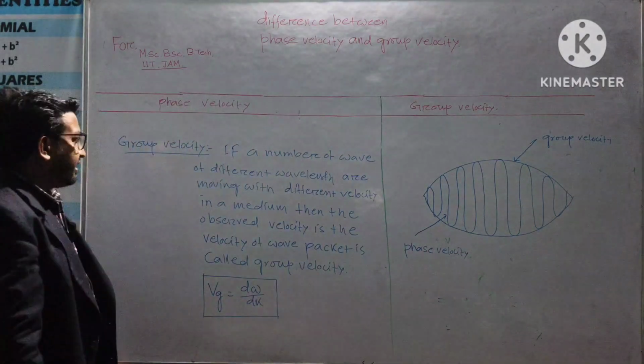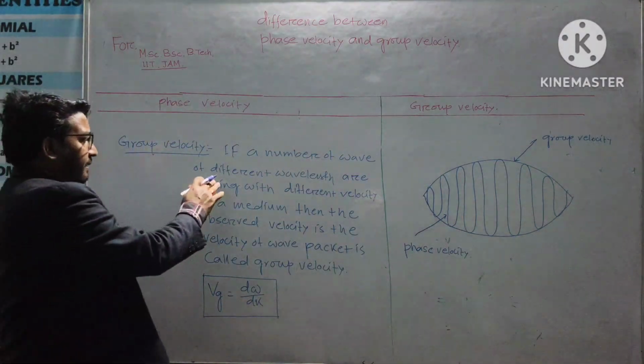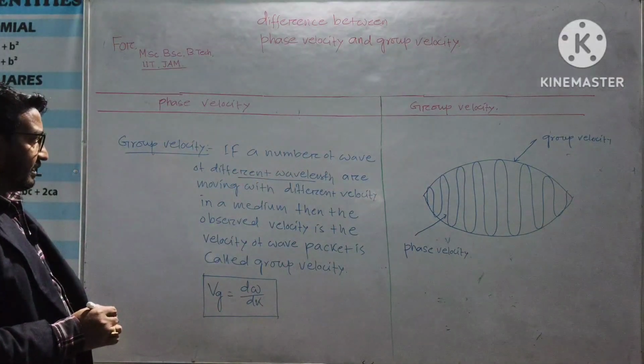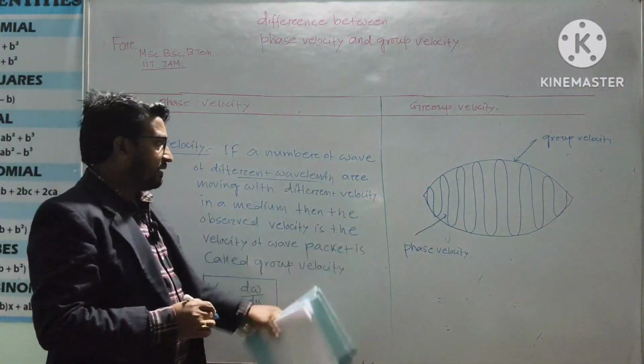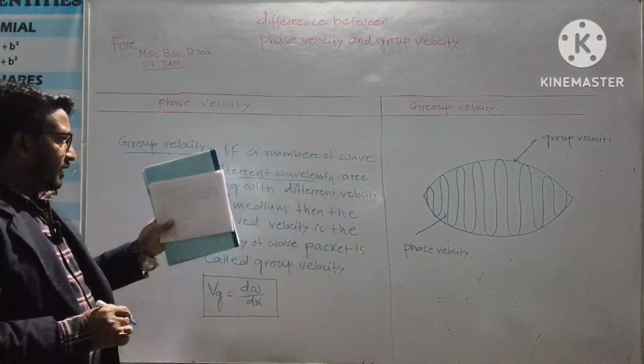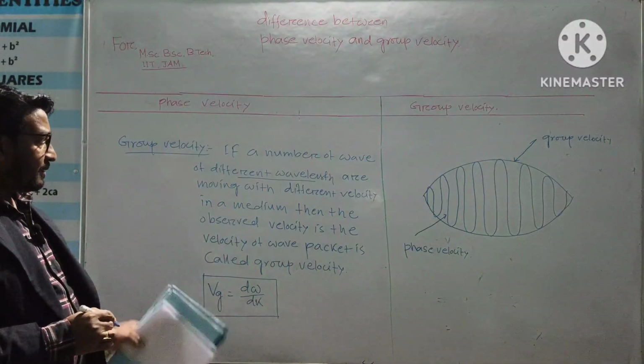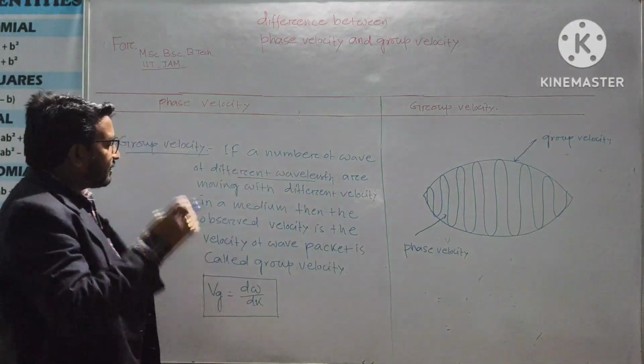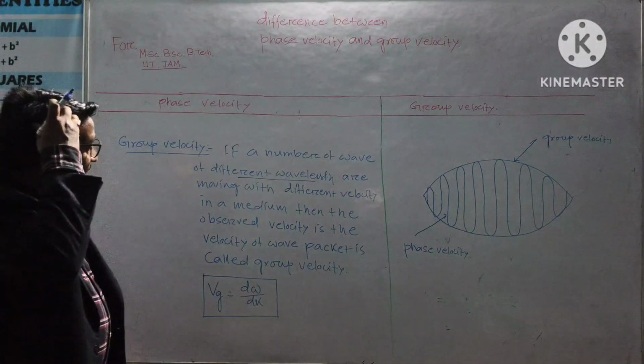Group velocity: if a number of waves of different wavelengths are moving with different velocities in a medium, the wavelength must be different and the velocity must be different, then the observed velocity is the velocity of the wave packet, called group velocity.